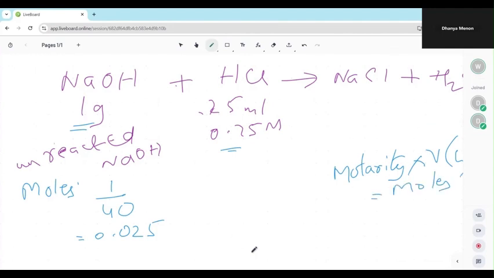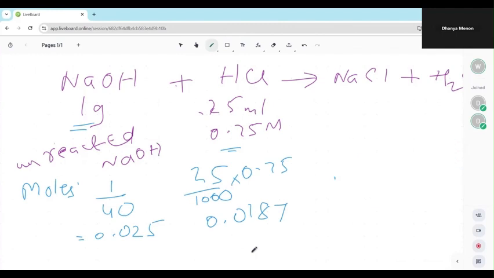Molarity is mentioned, volume is given, but you have to make it into liters. So 25 by 1000 times 0.75 comes to 0.0187. Okay, so this is our number of moles.